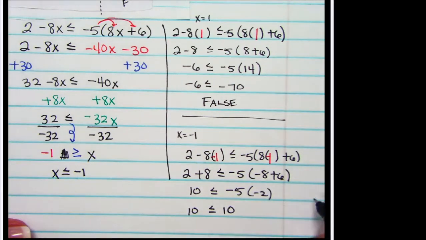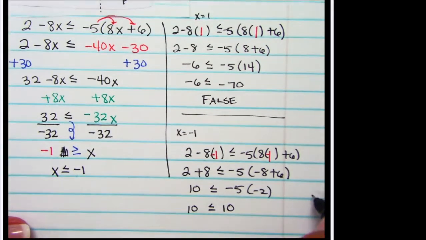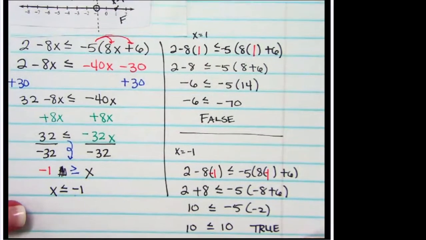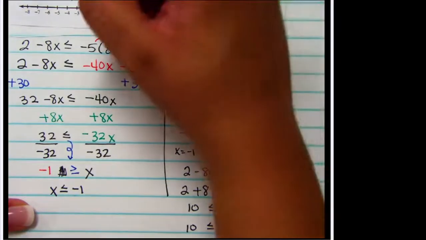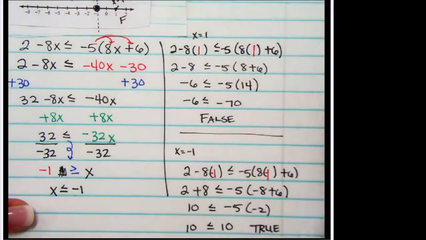All right, is 10 less than or equal to 10? Yes, it is. 10 is equal to 10, and so I'm going to color in the value at x equals negative 1, because on the boundary that statement is true.